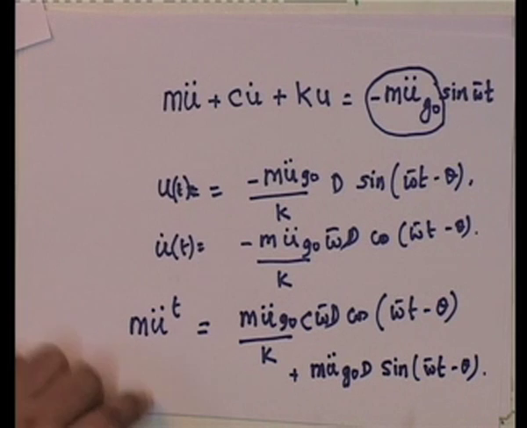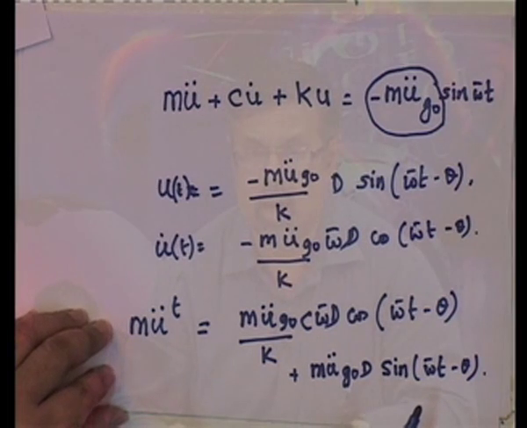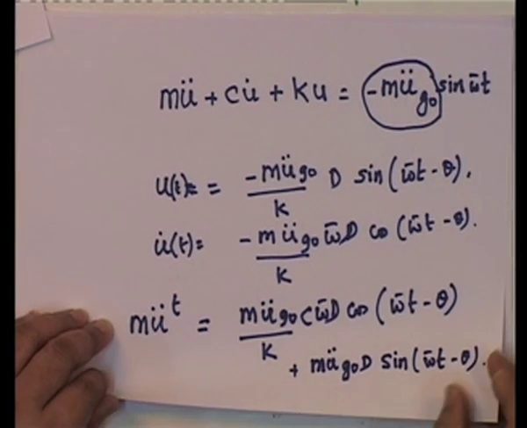Okay. So, now we are going to divide throughout by m. If we divide throughout by m, what happens? We get the time history of our total acceleration.